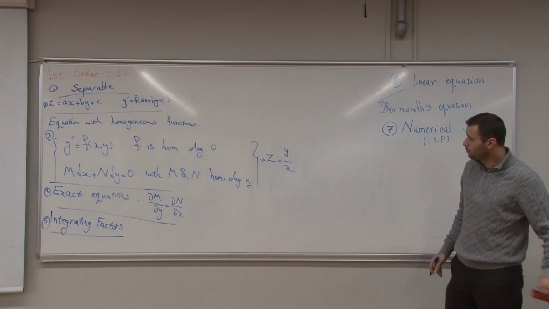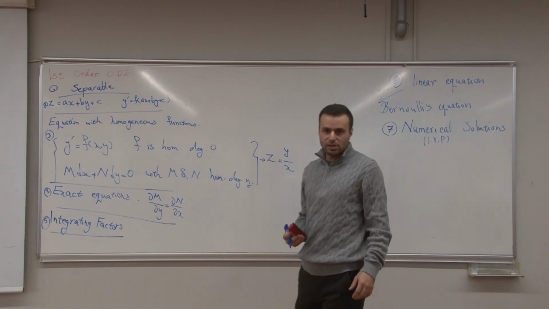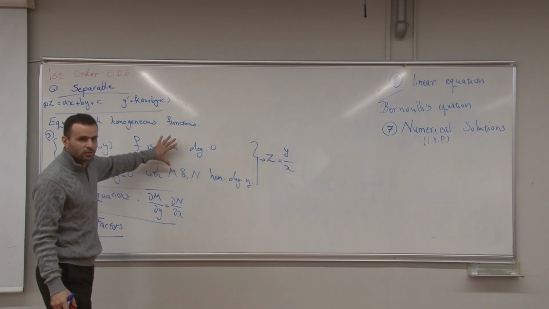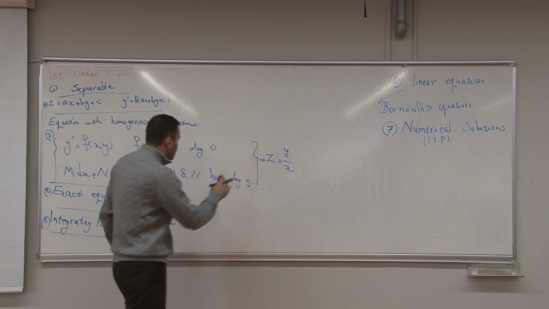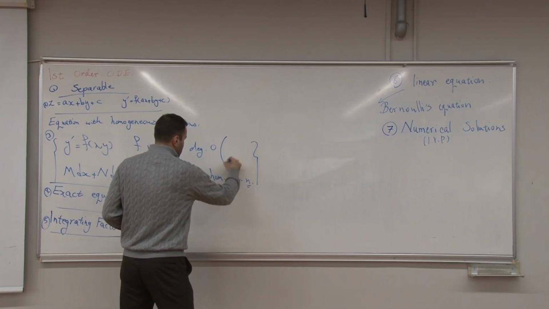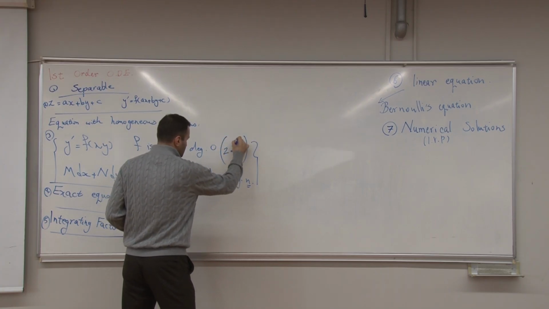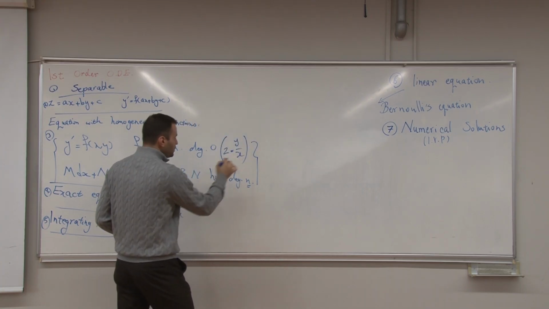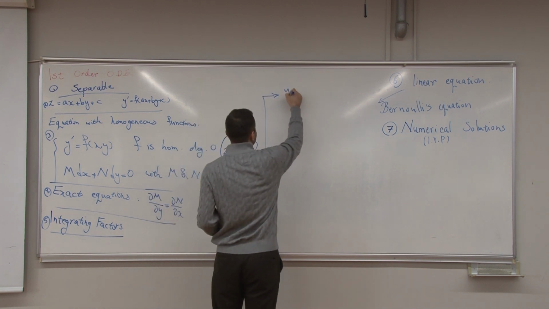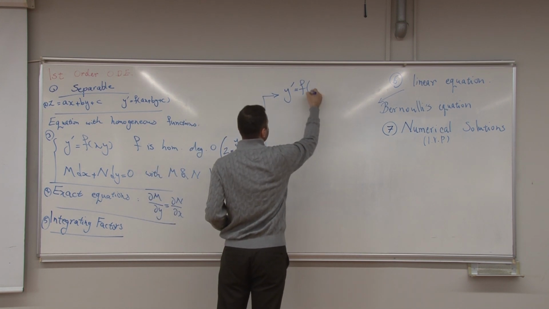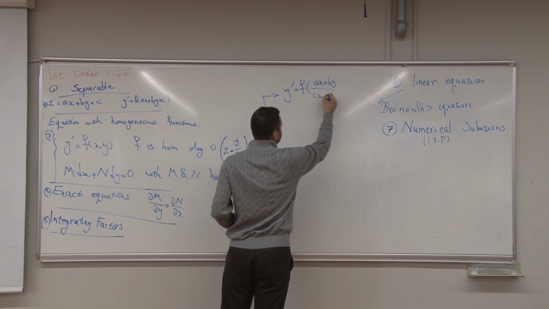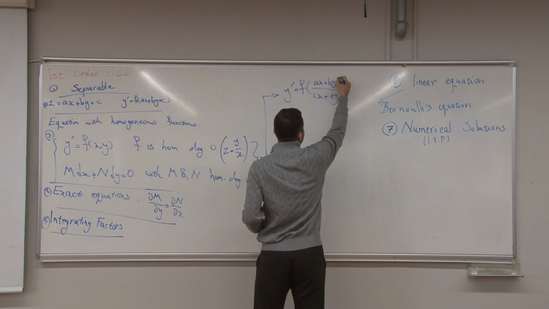Okay? I need to add a few branches here, by the way. Especially here in this part. Okay? Let me just clean this and take it here. If I want to open up a branch like this, y prime equal to f of (ax plus by) over (cx plus ey).